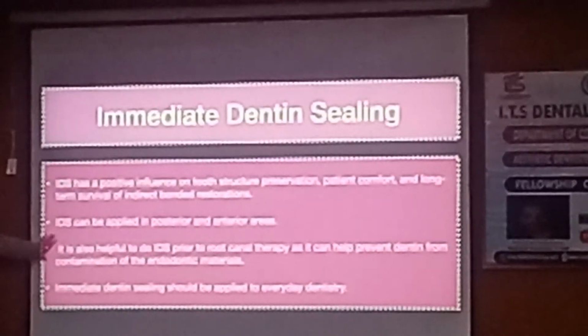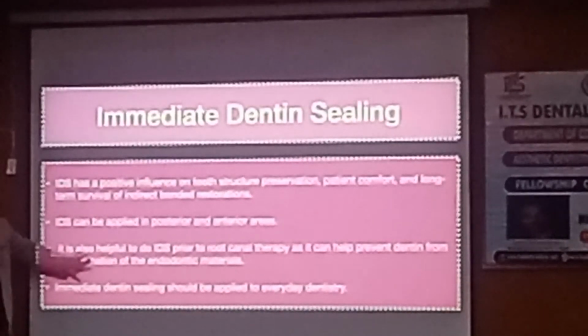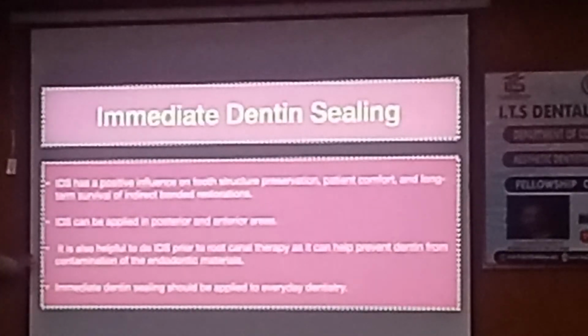IDS can be applied in posterior and anterior areas. It is also helpful to do IDS prior to root canal therapy, as it can help prevent dentine from contamination by the endodontic materials. And immediate dentine sealing should be applied to everyday dentistry. I am not saying this.